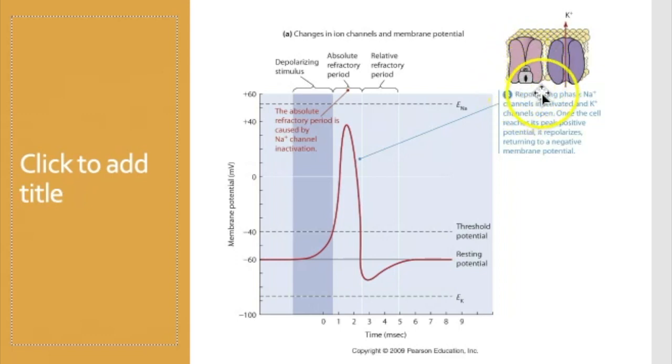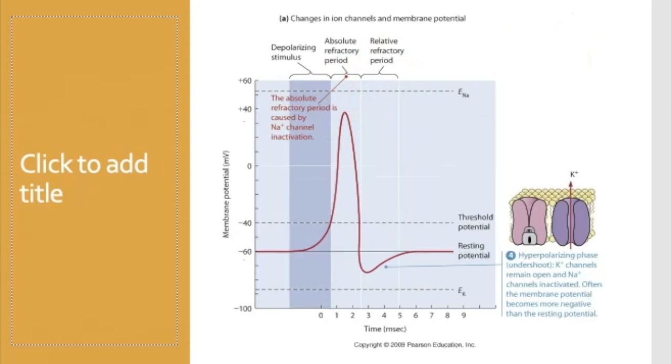We can see the lock there. Potassium channels are still open. Potassium is still rushing out of the cell, which is why membrane potential is becoming more negative during repolarization. During the relative refractory period, it's a little bit different. During the relative refractory period, sodium channels are starting to open up, but they're opening up one by one, not all at once.